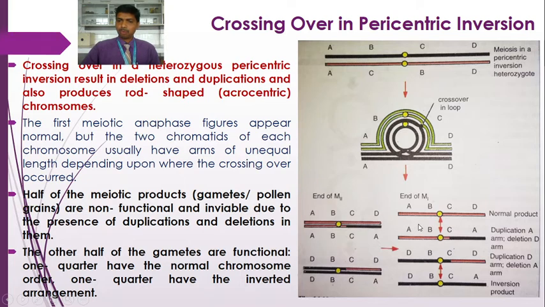Okay, so four types of products have been formed, of which 25% are normal, 50% are deleted and duplicated, while 25% are inverted product. So this is the case of crossing over in pericentric inversion. So a pericentric inversion heterozygote results in 25% normal product, 50% duplication and deletion products, and 25% inverted product. Okay, so this is the case of crossing over in pericentric inversion.